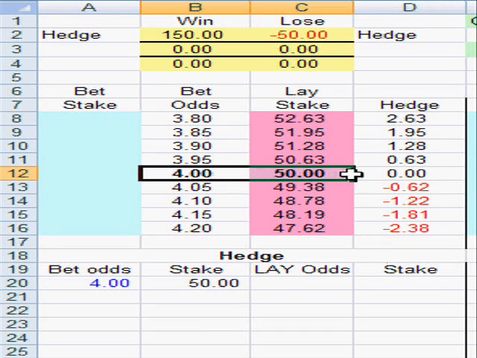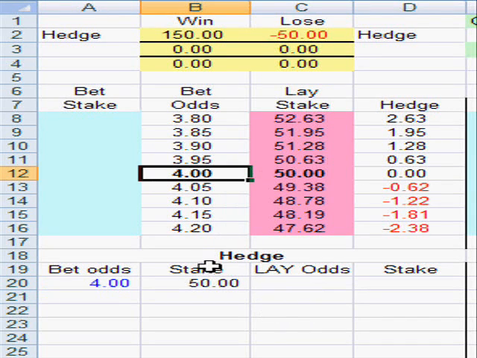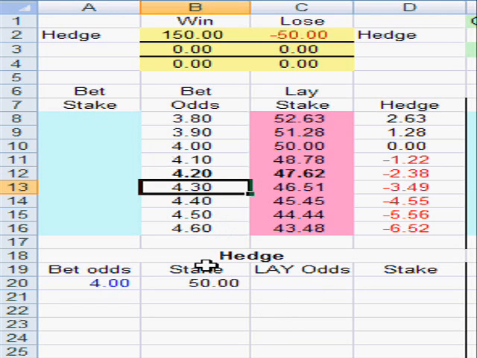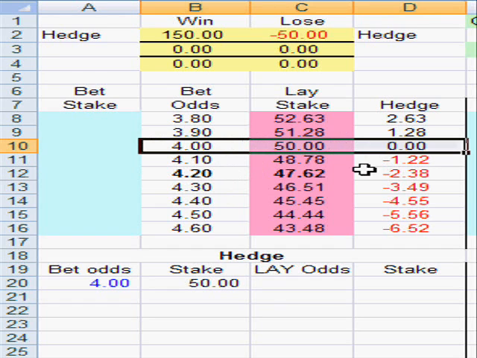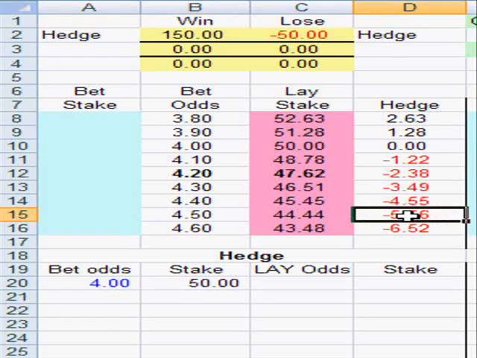Originally we would break even at 4, but if we put in a lay at 4.5, if we alter that to 4.2 so we can see what's going on, we can see our break even odds there at 4, and here if we had to lay at 4.5, there is our potential loss of 5.56.